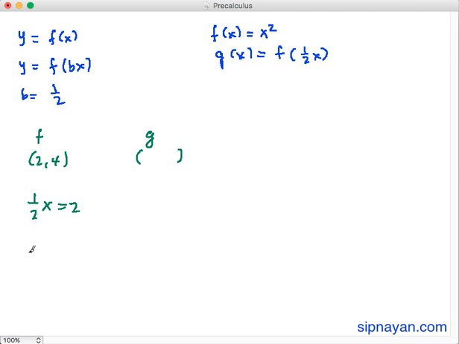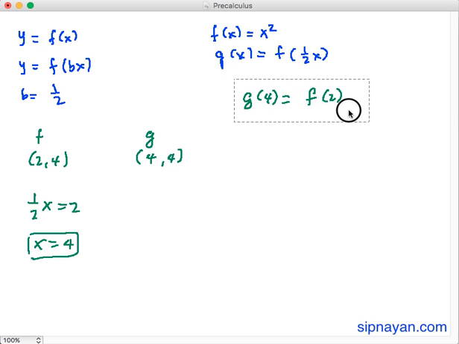So, we have 2, therefore, x equals 4. Ibig sabihin, 4 yung nandito, 4 din yung y niya. Ano ibig sabihin yan? F of 2 equals g of 4. Okay? So, tingnan natin, f of 2 equals g of 4.